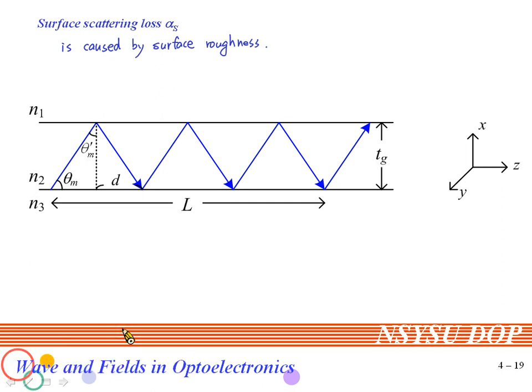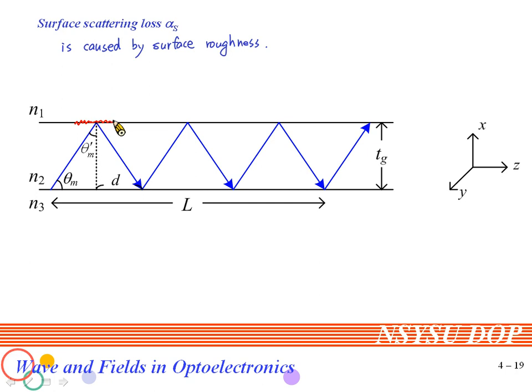Due to the fabrication technique, sometimes you cannot have a very planar interface between two materials, and you will have some surface roughness at the interface.